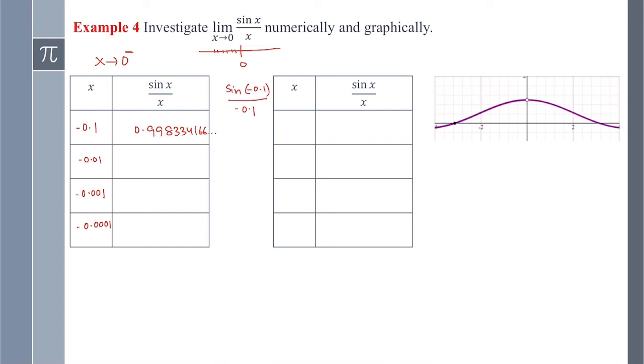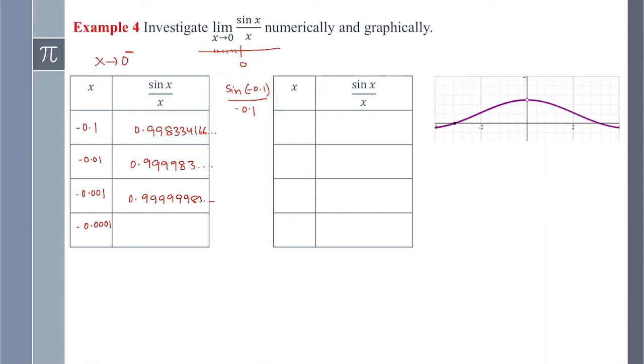I'm not going to write all of them. So if you plug in negative 0.01, then you will get 0.999983, and then more numbers after that. Now, when we plug in negative 0.001, we get 0.9999969, okay, and then 83, and then more numbers after that.